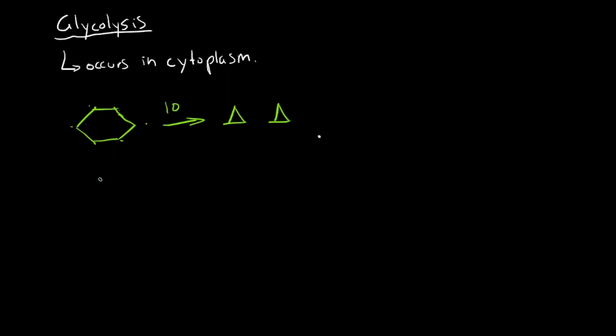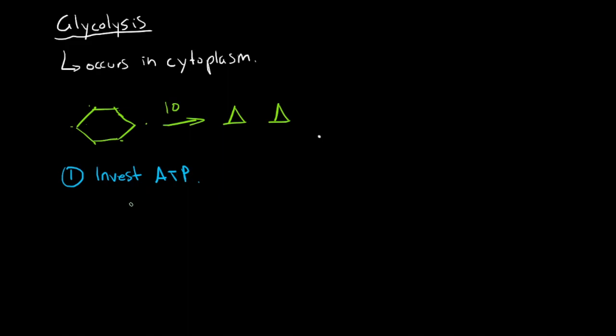So in step 1, when you start off with your 6-carbon glucose, you're going to invest ATP. So you're going to use an ATP in a breakdown for you. So you're going from glucose to what is called glucose 6-phosphate.